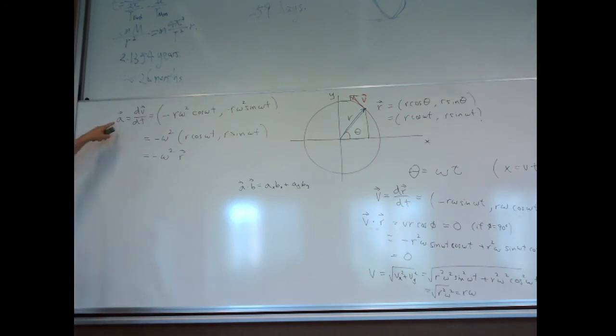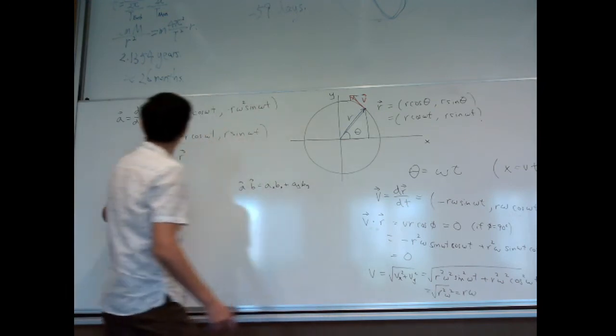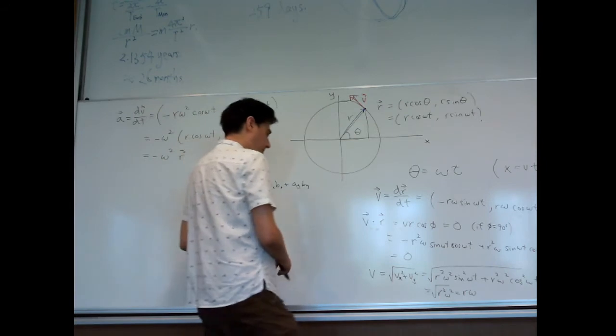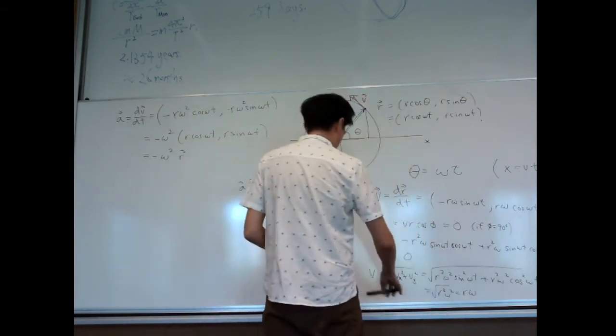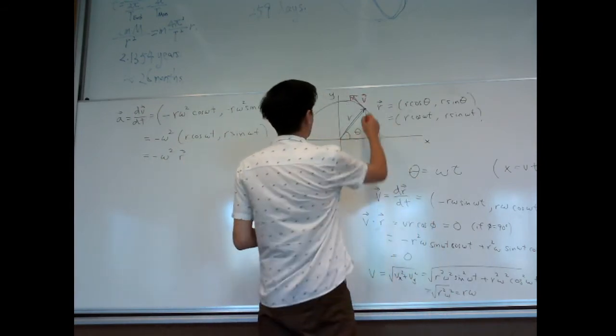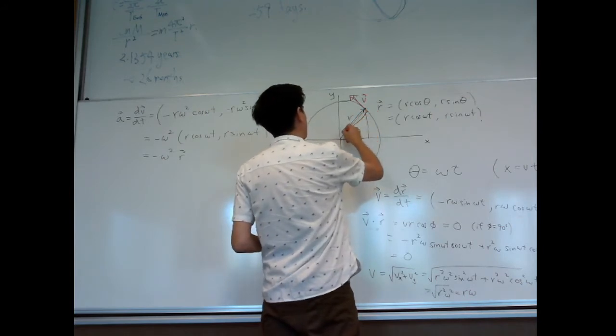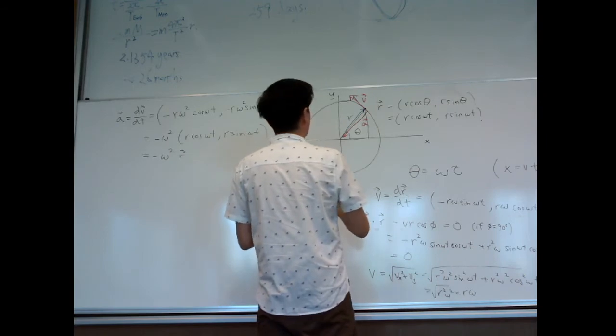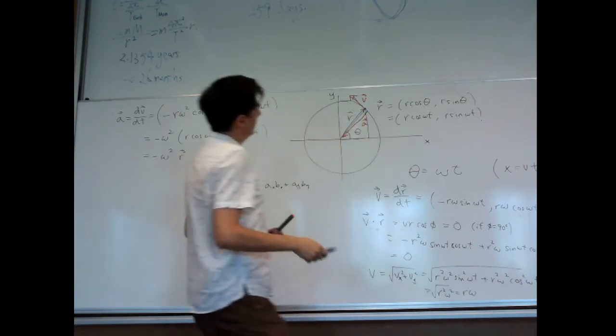So the acceleration is actually just vector r multiplied by minus omega squared. It's got a minus sign, so in terms of the direction, the acceleration is going exactly the opposite direction to the position vector.